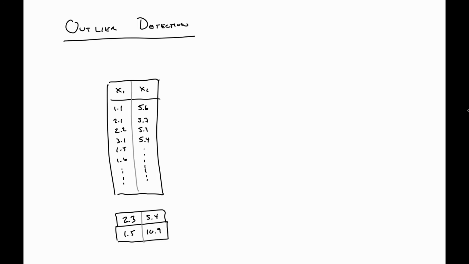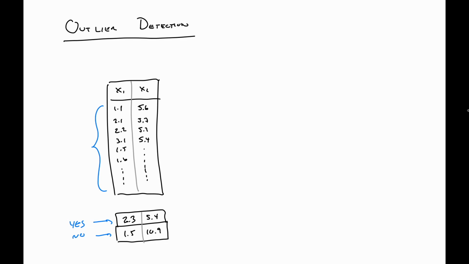So the question we're asking in outlier detection is, do you think this observation was generated by the same process that these observations were? I think most of you would say yes to that one. If I ask the same question, is this observation generated from the same process as this above data, I think you would all probably say no.